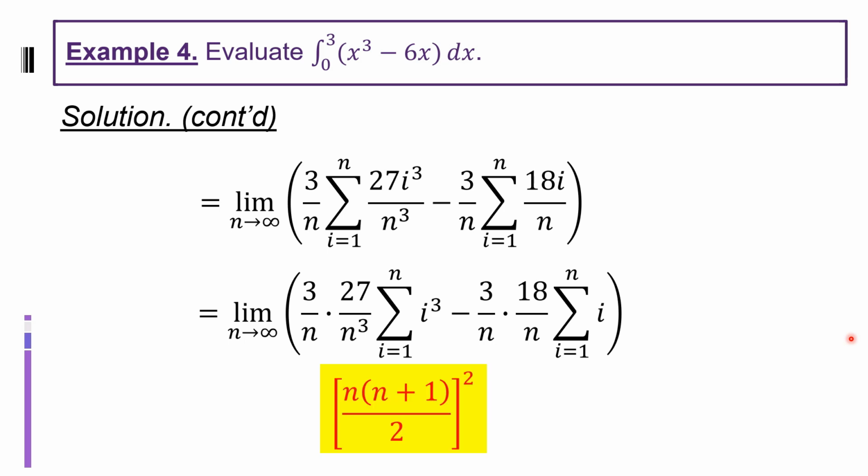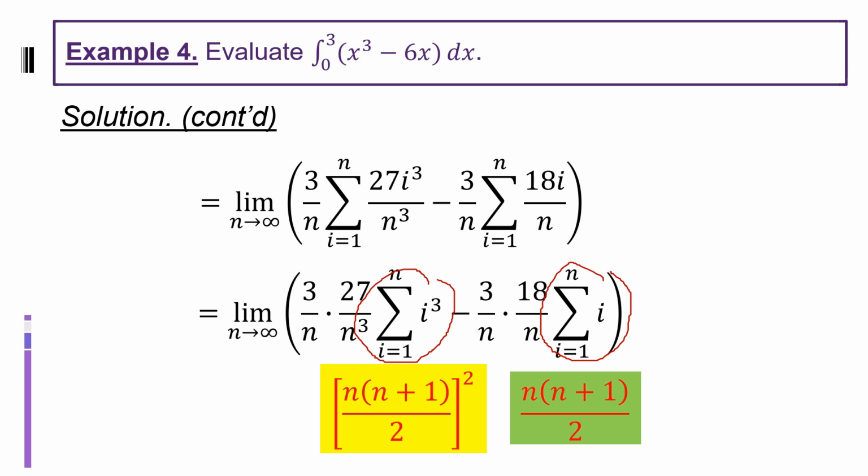And by mathematical induction, the summation of i cubed here is actually equal to the square of n times n plus 1 over 2. And this summation is actually equal to n times n plus 1 over 2. So with that, pwede natin ngayong palitan itong dalawang to nung mga to.